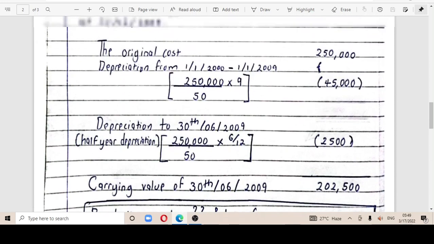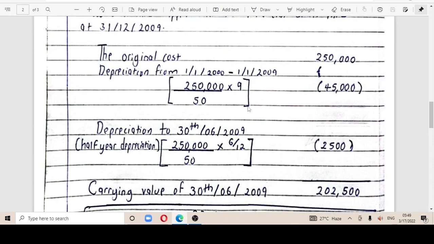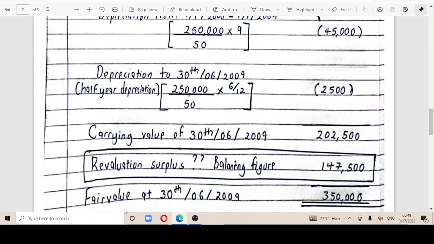Having looked at that, you will now get the carrying value, which is cost minus accumulated depreciation. So this amount minus the accumulated depreciation of this and this gives you the carrying value at 30th June 2009 as this amount here. Remember, the fair value at 30th June 2009 was valued at 350,000.